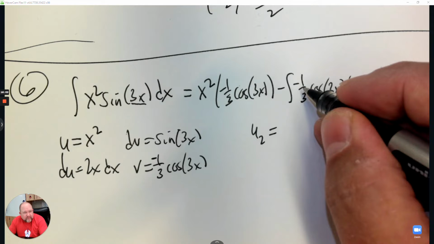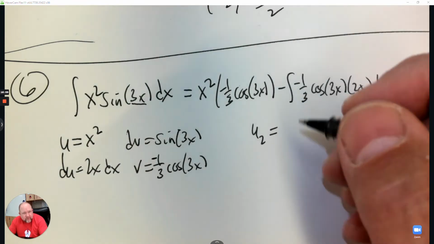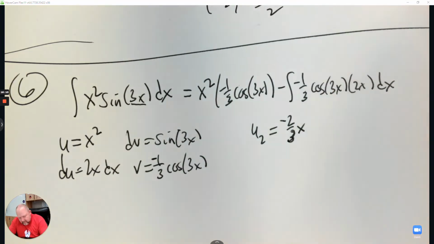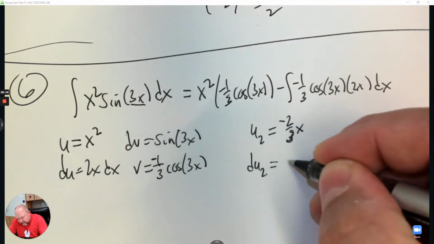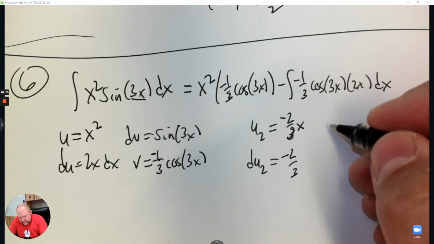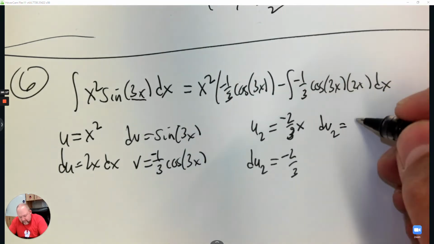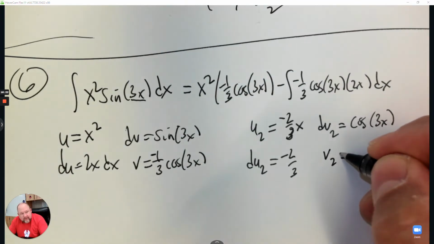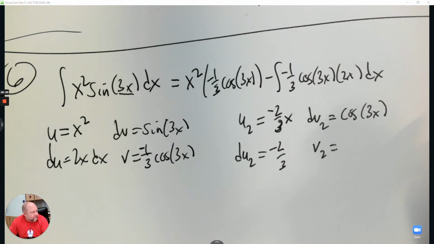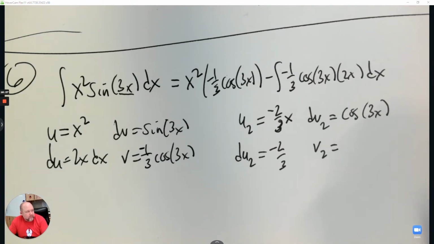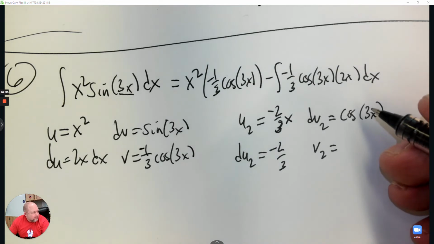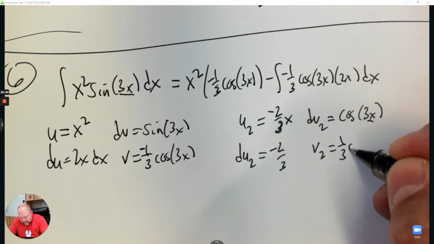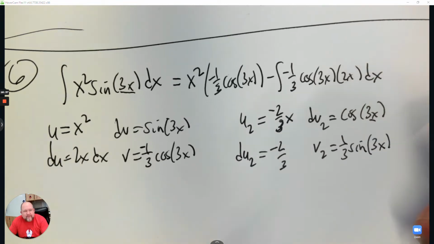So just for this, I have negative 2/3 x, and the derivative of that is just negative 2/3. dv is cosine 3x. So the integration of cosine 3x, the hook is 3, so I need a 1/3, and sine is positive when you integrate.